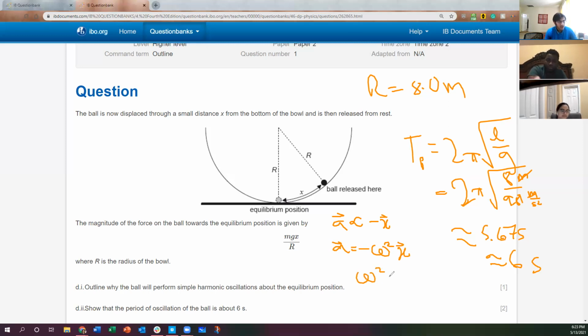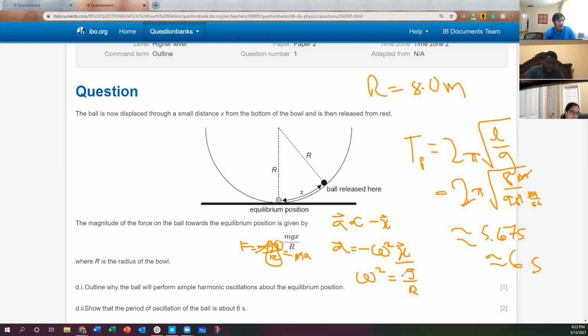In this case, if F equals mgx over r and F equals ma, we can cancel out a mass from both sides and find that acceleration equals gx over r. This is the x, so omega squared has to be g over r.